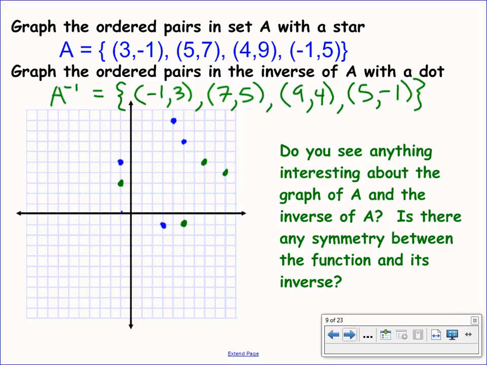Describe any symmetry. So how could we describe that symmetry between the original relation and its inverse? How could you describe that to someone else?